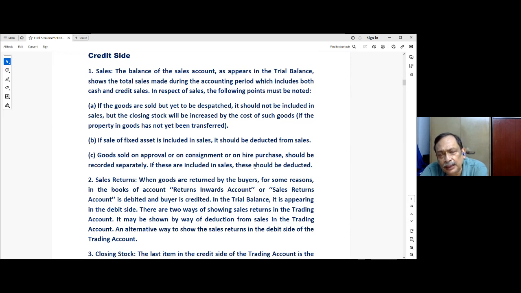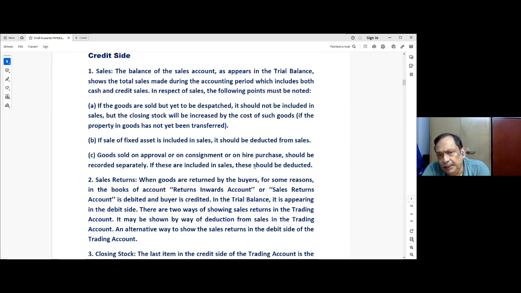Now, with respect to sales, the following points must be noted. Number one, if the goods are sold but yet to be dispatched, it should not be included in sales. But the closing stock will be increased by the cost of such goods if the property in goods has not yet been transferred. Mind this: if the goods are sold but yet to be dispatched, it should not be included in the sales.